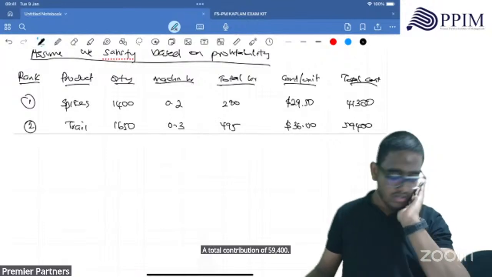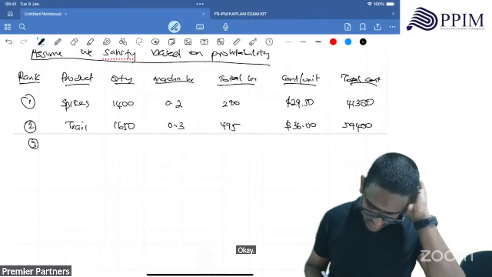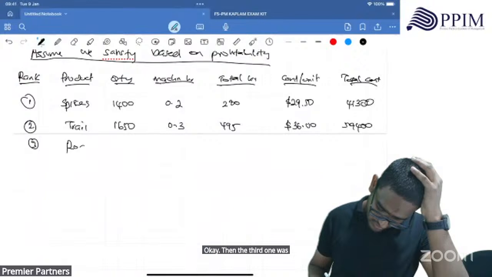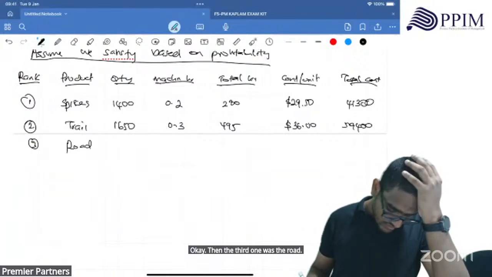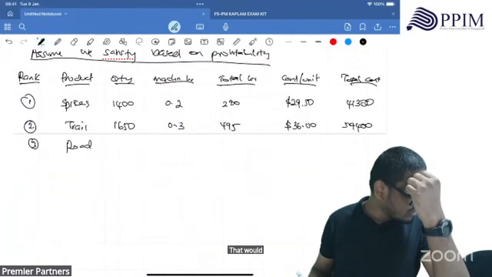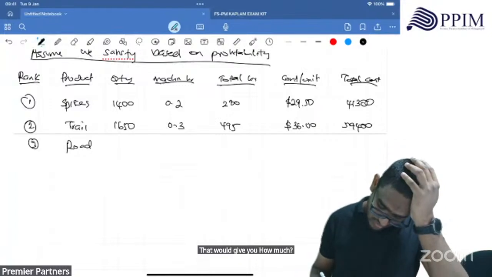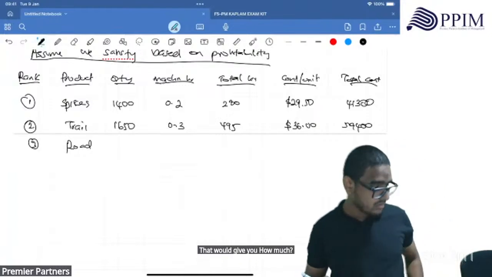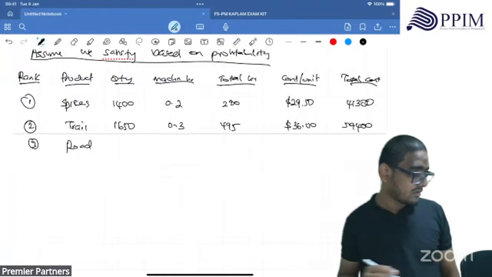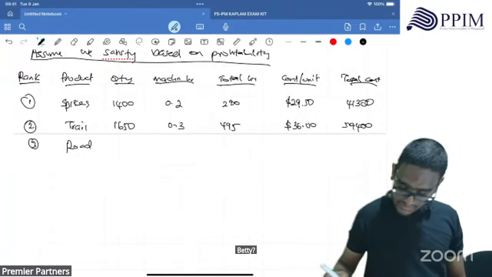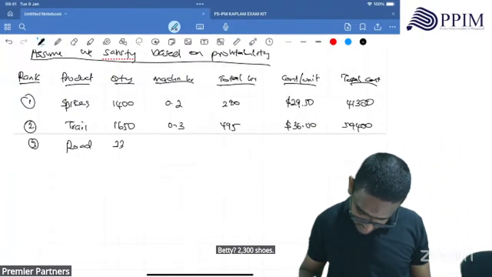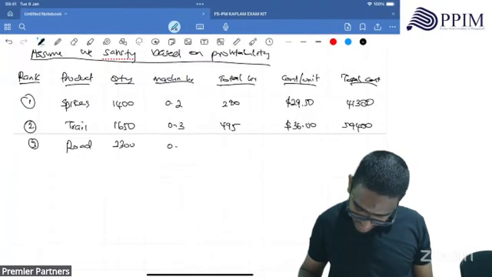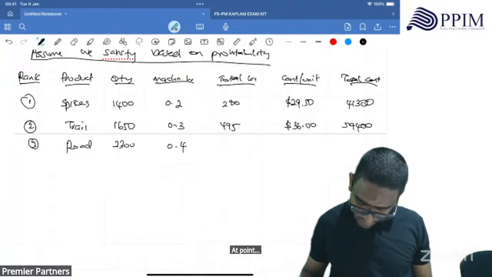Okay. Then the third one was the road. That would give you how much? 2,300 shoes at 0.4.